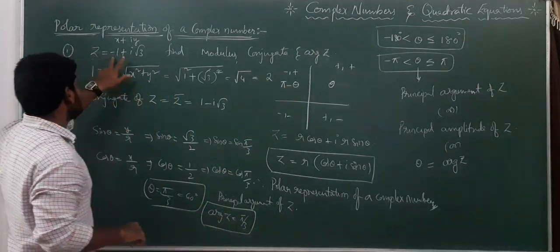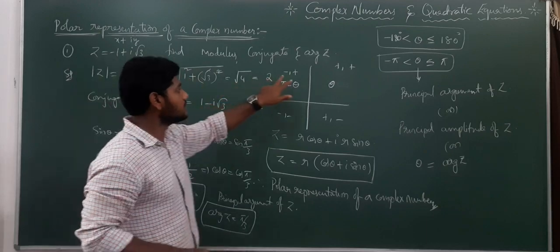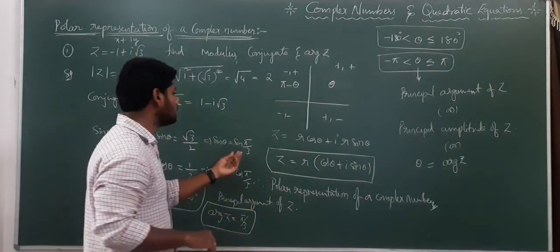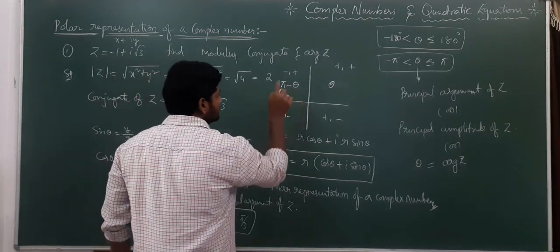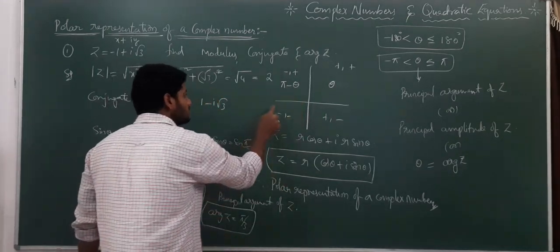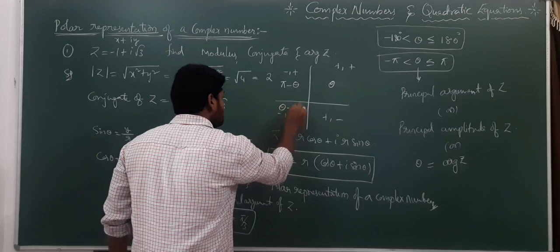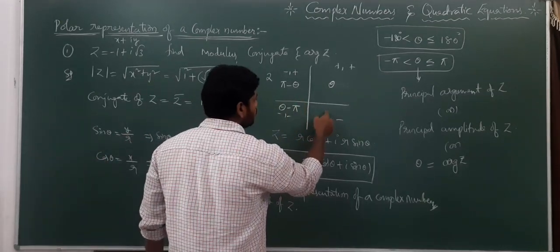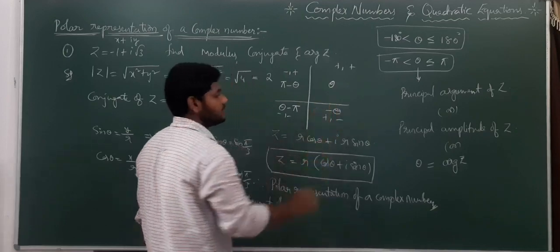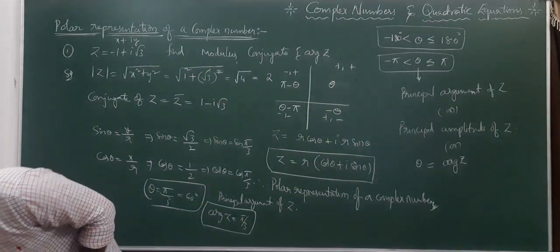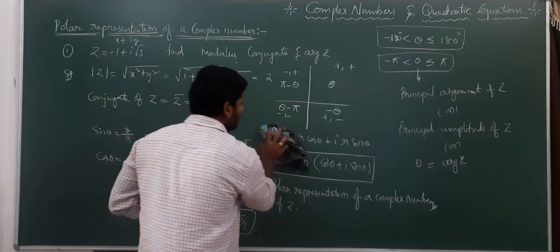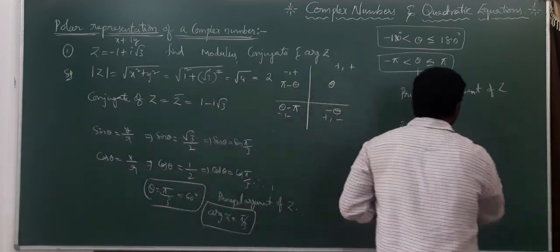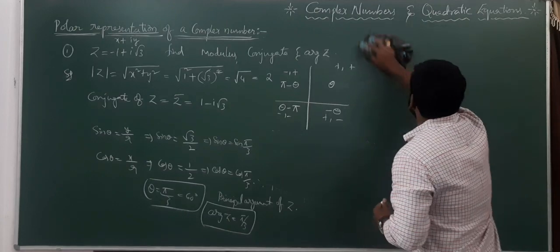Because here the x value is negative and the y value is positive. In that case, for the theta we get, you need to do pi minus theta. If it is the third quadrant, you need to take theta minus pi, remember. If it is the fourth quadrant, we need to take minus theta. This is very important to write the polar representation, so you need to remember this very carefully.